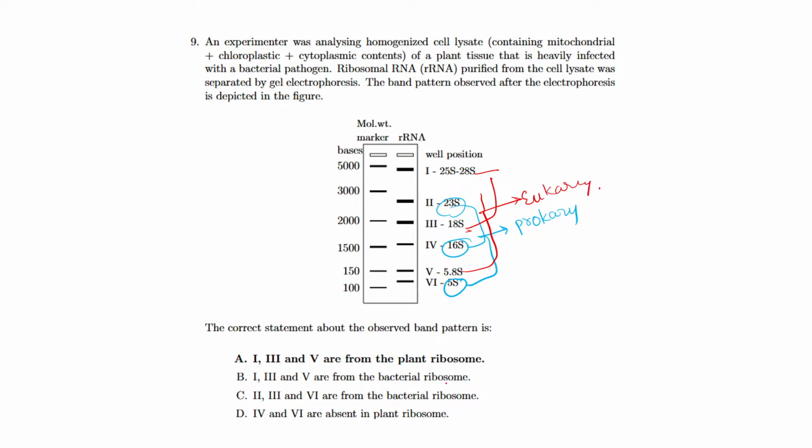So I can directly tell from this. This is just data to remember. Now I have to select the correct statement. The first statement says 1, 3, 5 are from the plant ribosome.